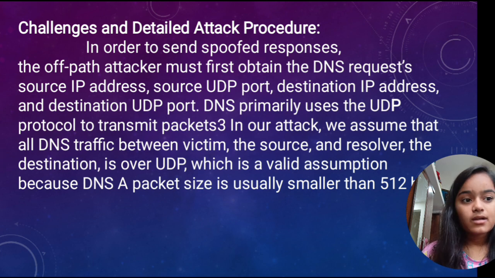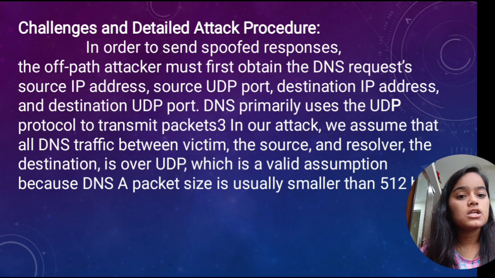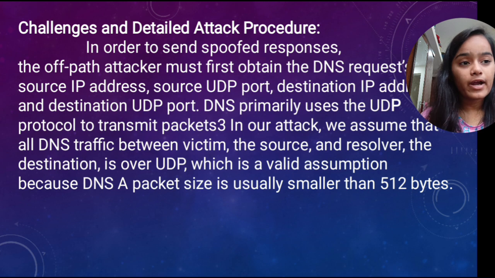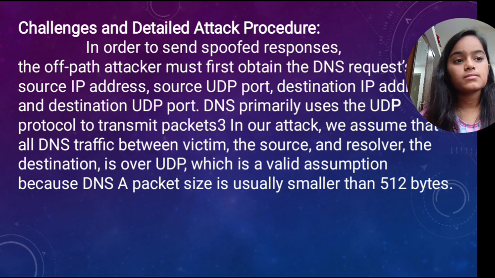In our attack, we assume that all DNS traffic between the victim, the source, and the resolver, the destination, is over UDP, which is a valid assumption because a DNS packet size is usually smaller than 512 bytes.